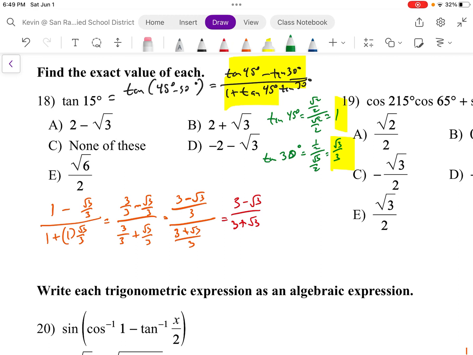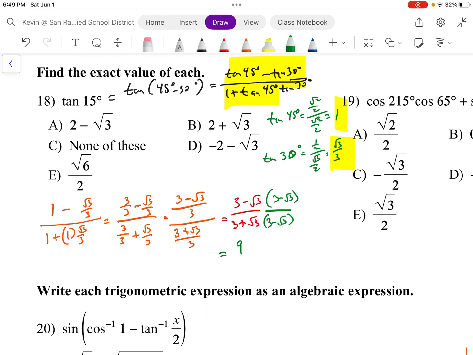So I'm going to come in here and multiply the top and bottom by 3 negative root 3, the conjugate. Okay, rationalizing means we want to get the radical out of the denominator, right? So this is the way we're going to do it. So if I do that, I go 3 times 3 is 9.